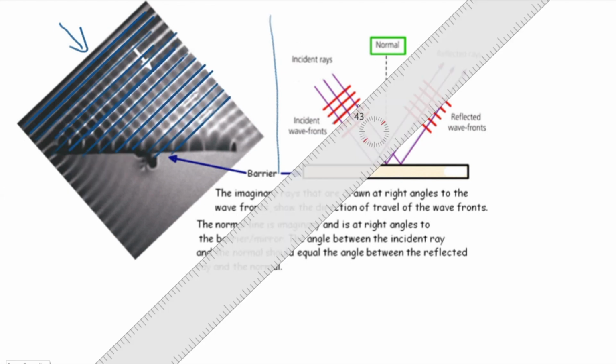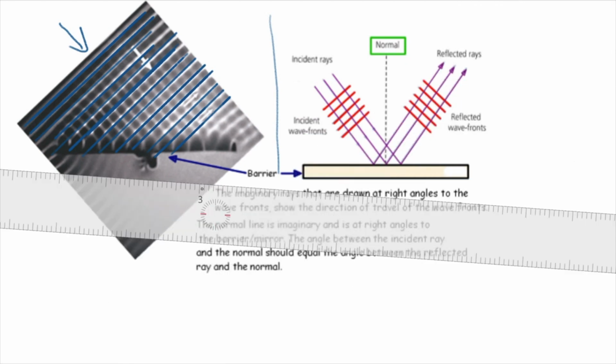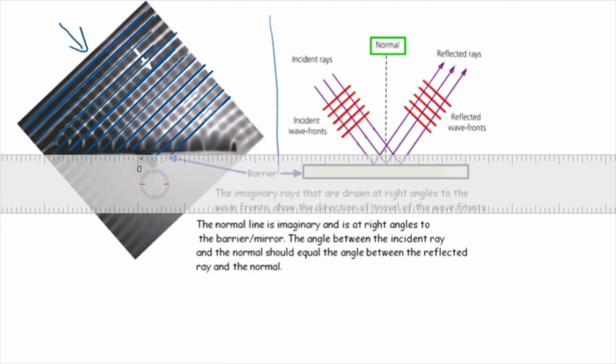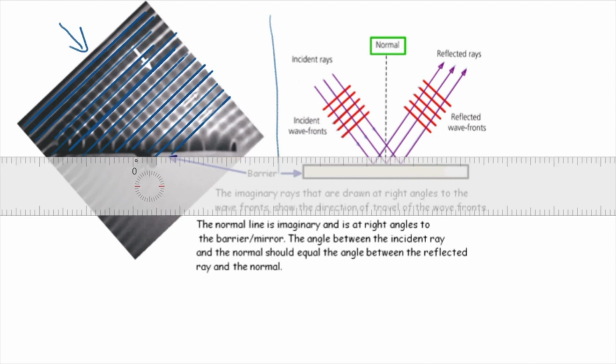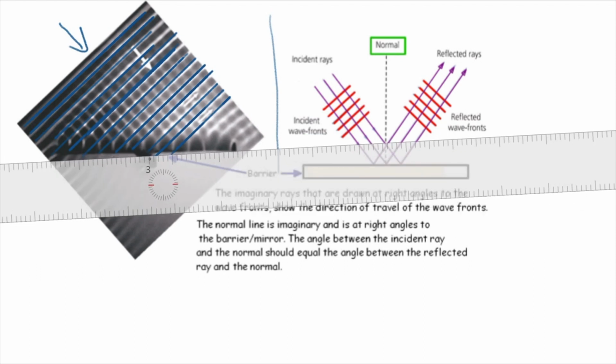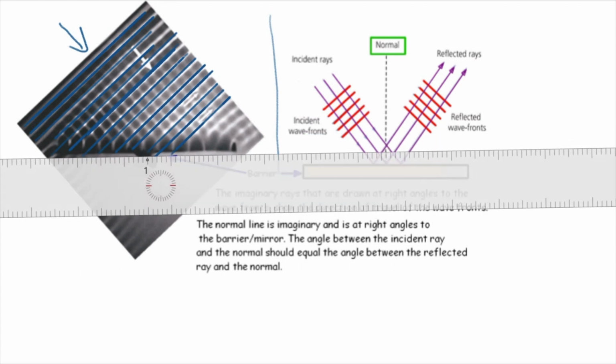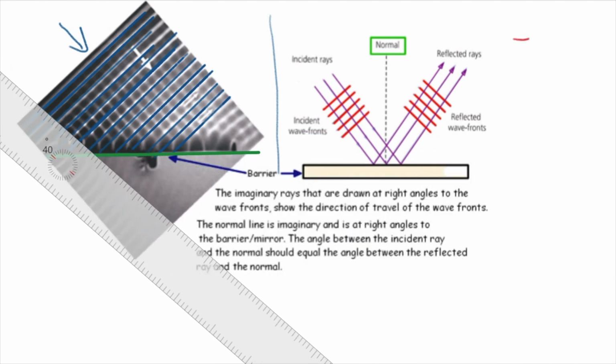I've just spent the last couple of minutes drawing in blue the lines that are incident on, or about to hit, this boundary that I'm going to draw in green. So it hits there. Then what happens is those waves, they don't change colour.